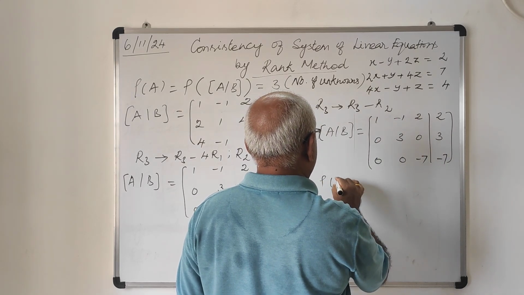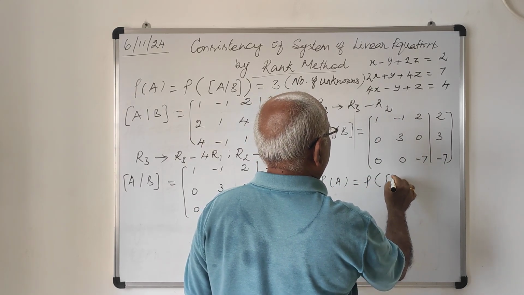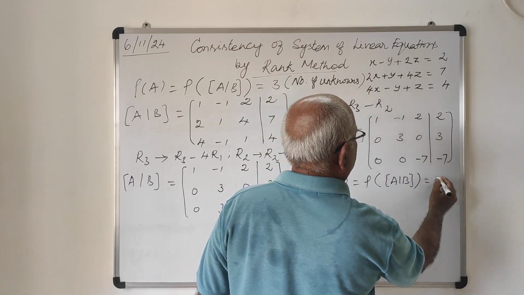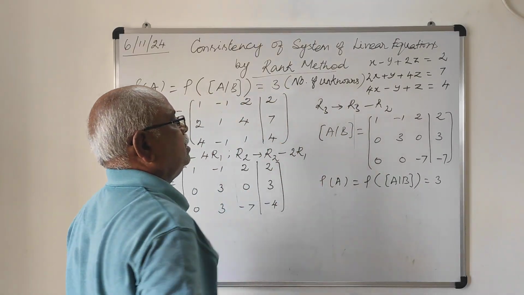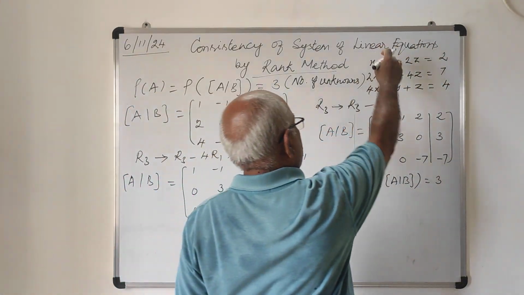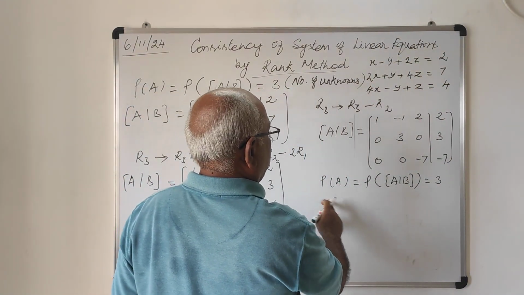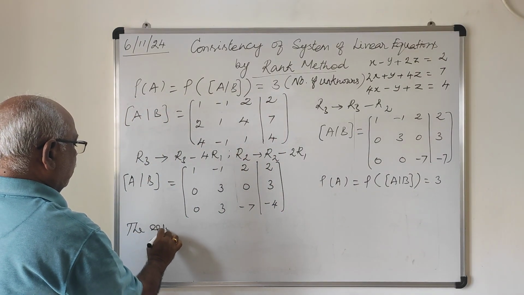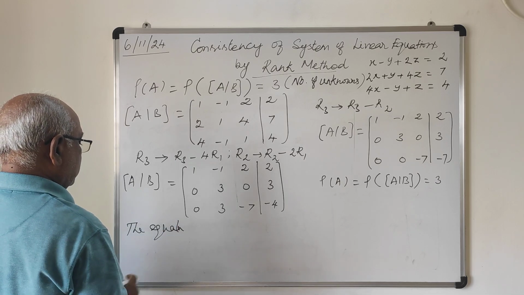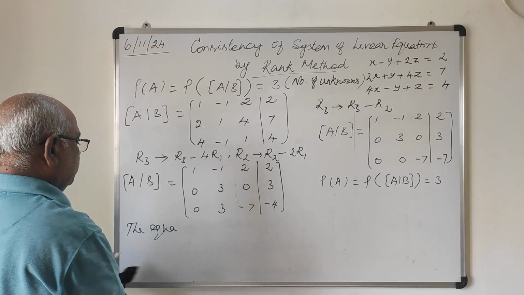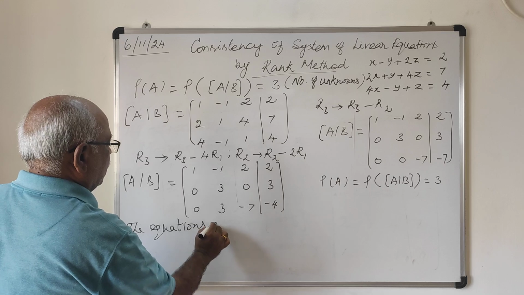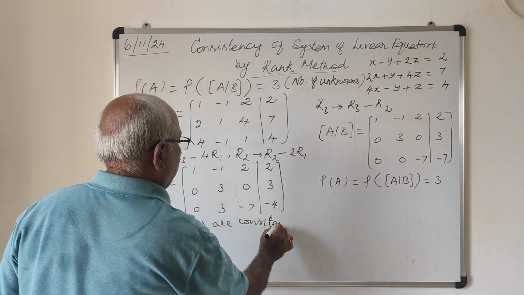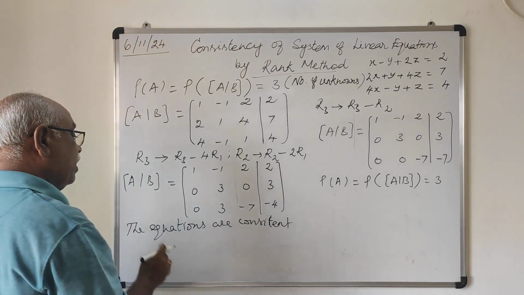Therefore, the rank of A equals the rank of the augmented matrix AB, which equals 3, the number of unknowns. The given equations have 3 unknowns. If that is the case, the equations are consistent and have a unique solution.